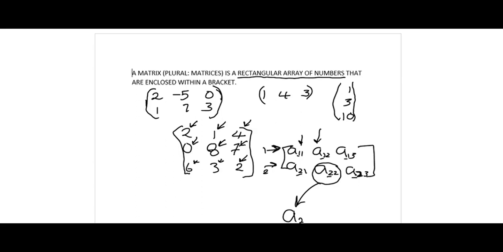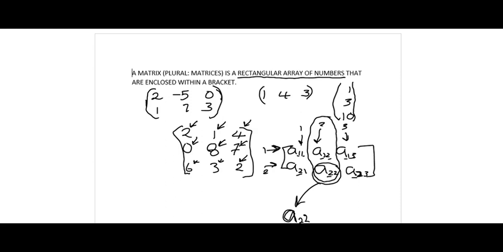So we have column 1, column 2, and column 3. Therefore, this is an element A in row 2 and column 2, so we have 2, 2. That's one way we can represent the position of an element in a matrix.